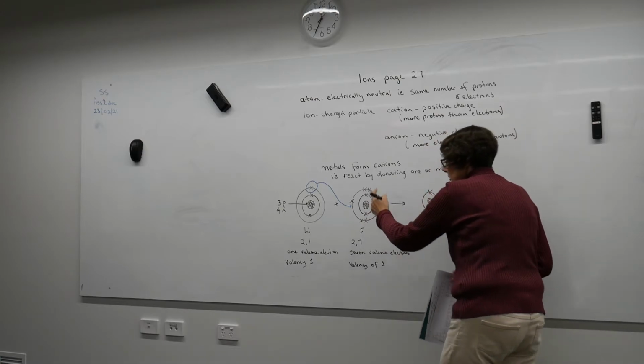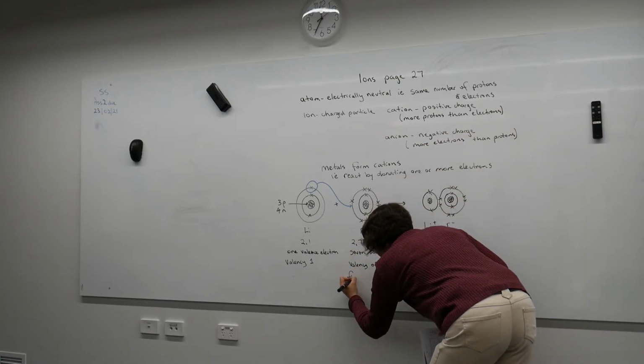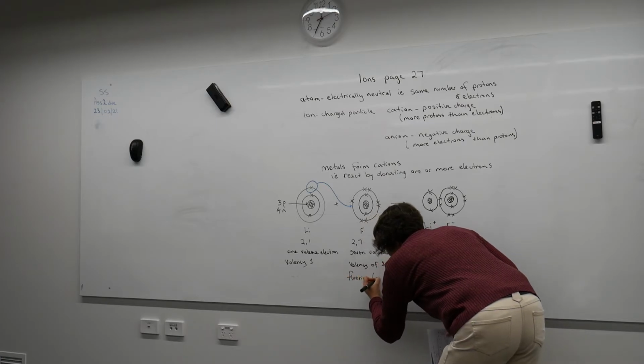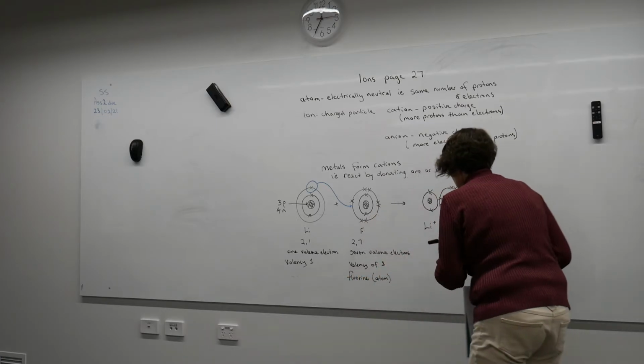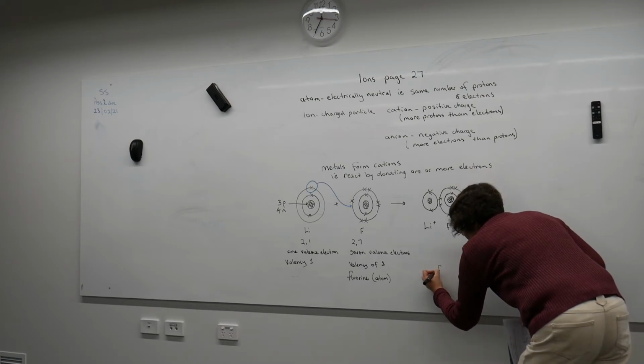So this one's name is fluorine as the atom. As the ion, its name is fluoride.